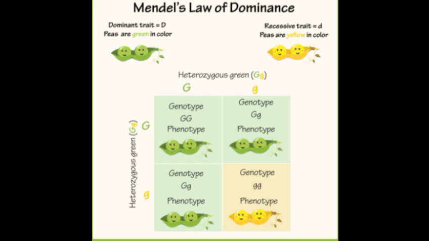In heterozygous condition, that is the genotype capital G and small g, capital G is considered to be dominant and therefore green color is being expressed by the F1 generation. In the genotype small g, there is no dominant character. Both are recessive characters or recessive traits because the genotype itself is recessive. Therefore, the color of the pod will be yellow.